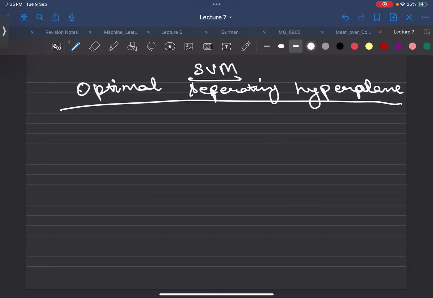Perceptron is a line and hyperplane is a plane, literally. You are actually correct, but what I meant is what I have written: optimal separating hyperplane. I want only one separating hyperplane which should be optimal in nature. Optimal means the best one.